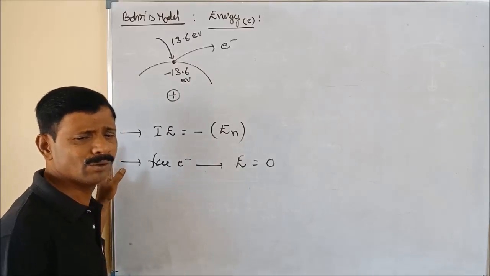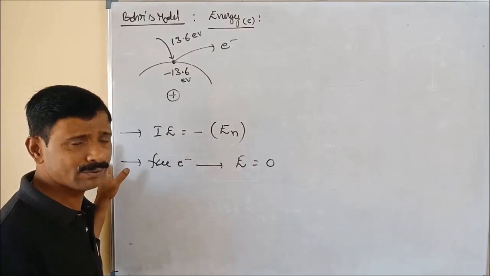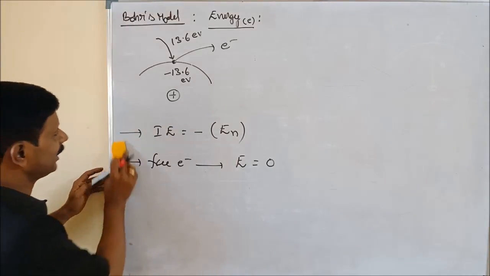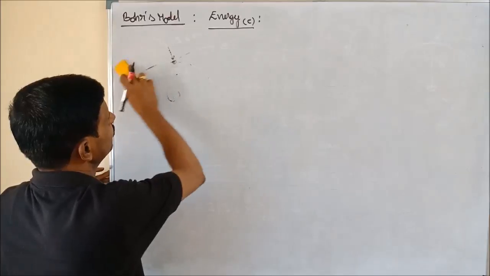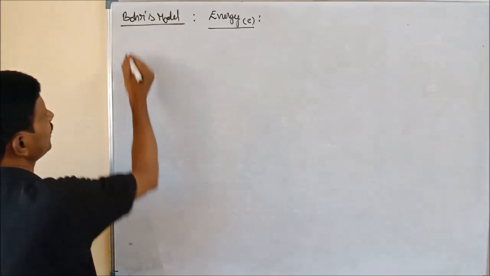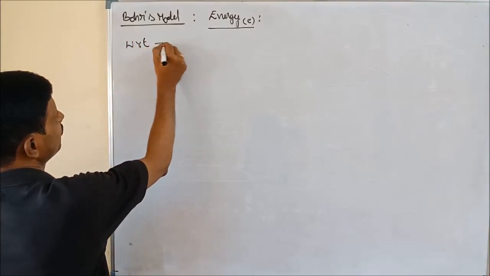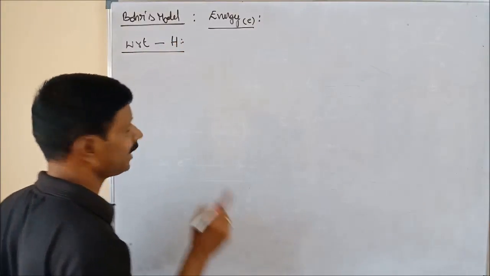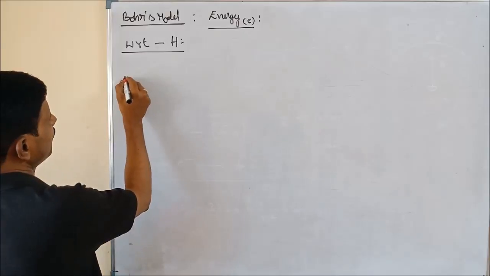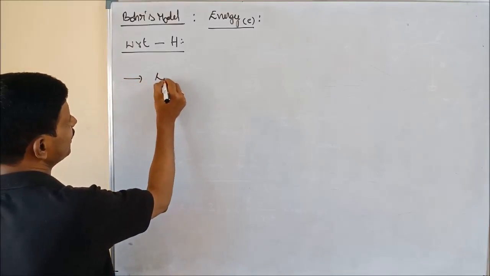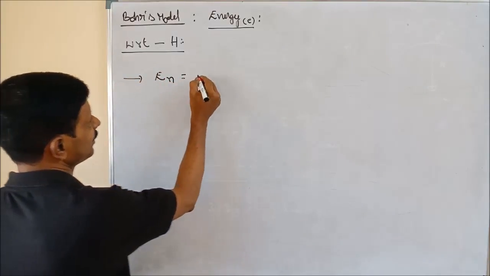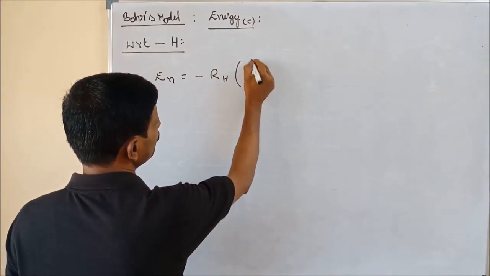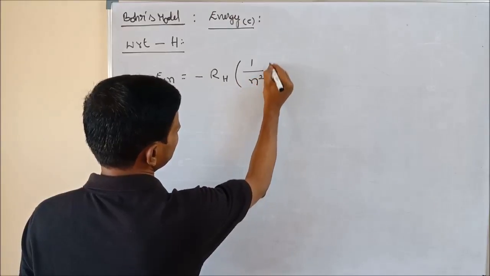And here one more. Now we will come to hydrogen atom. As far as hydrogen atom is concerned, in his model he proposed one expression, that the energy of the electron is nothing but minus RH into 1 by n square.